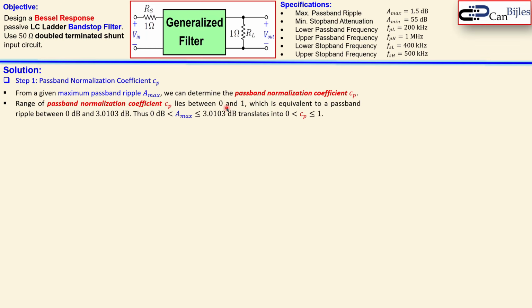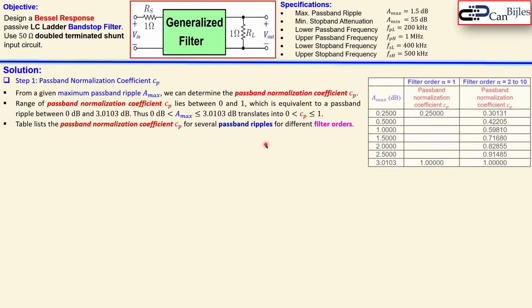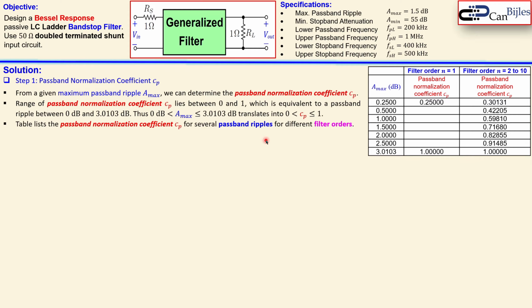That lies between 0 and 1, so there is a number between 0 and 1 which relates to A max between 0 dB and approximately 3.01 dB. There is a table that lists the value of this coefficient using this A max value. This table is shown here, which will then also give us the filter order. Not exactly, but we can pinpoint this later more carefully.